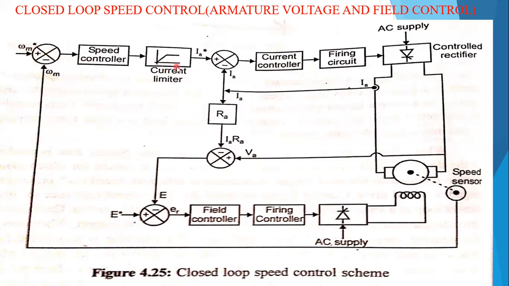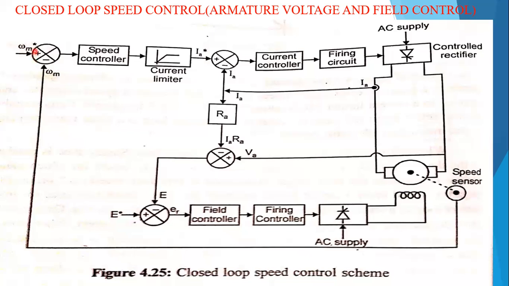Understood? For any positive speed error, the current limiter saturates. The current reference IA star is limited to a maximum value of current, and the drive current is not allowed to exceed the maximum permissible value. So in this way, we have to maintain the armature current.